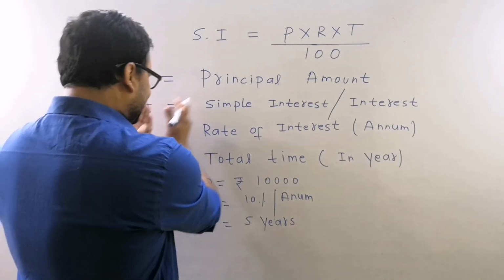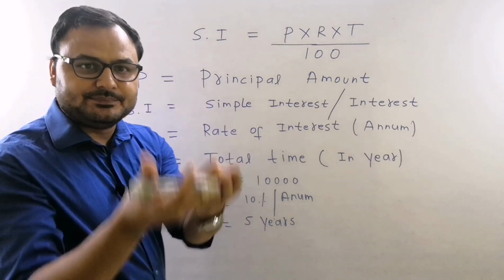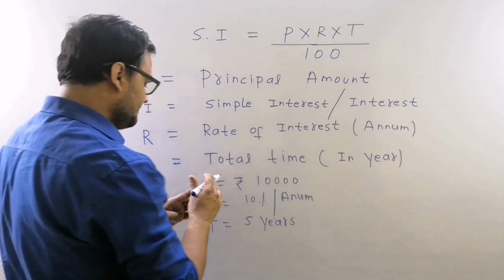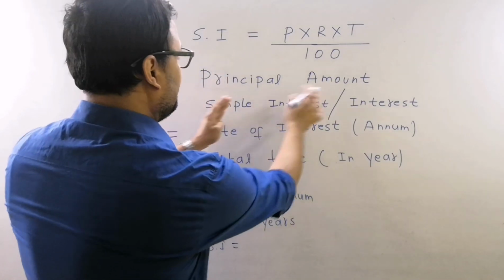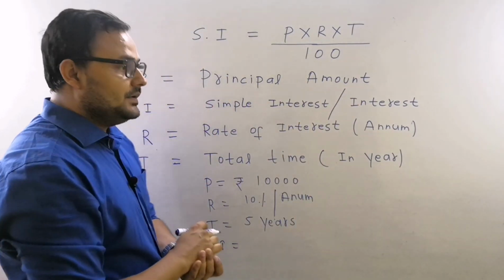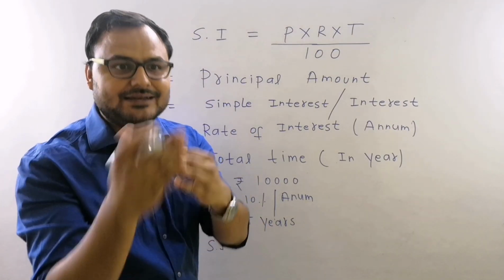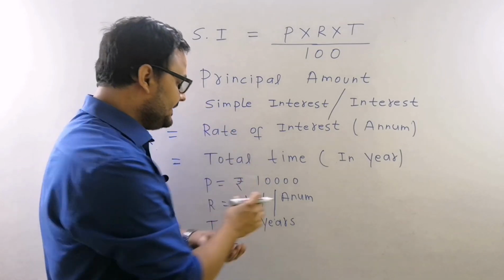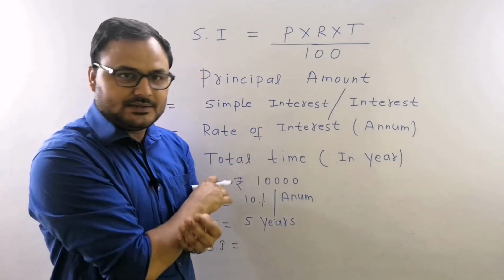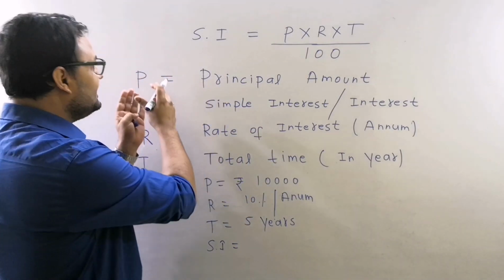Now in these 5 years, SI means simple interest, or interest, that I have already written here. So it means after 5 years I will pay him the amount, but the total amount that I am going to pay is this 10,000 principal amount plus something as interest, that is simple interest.